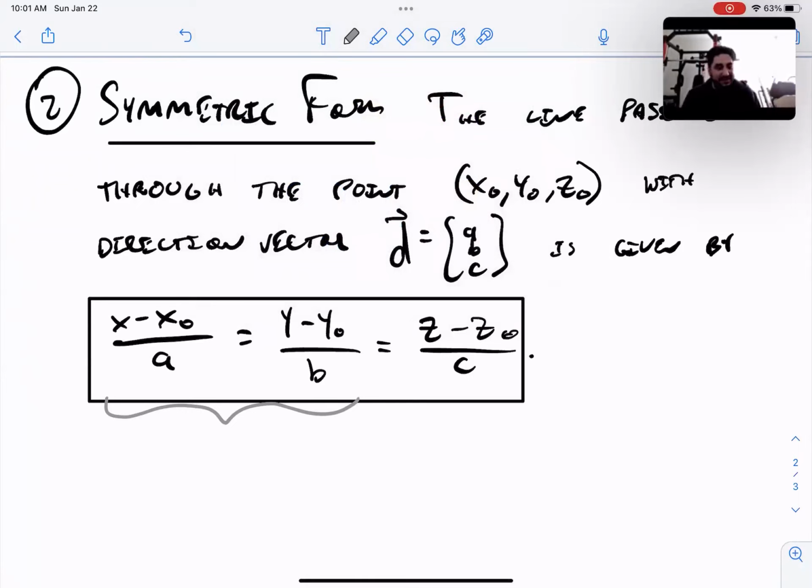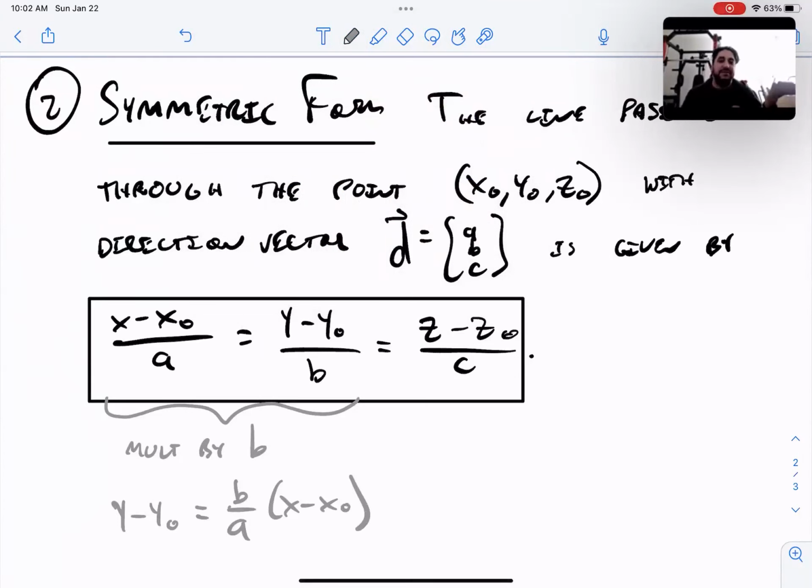If you look at this, ignore the z coordinate for a second. Not forever, we need it for our 3D, but for the sake of our analogy, ignore that z coordinate for a second. Look at this equation and just multiply both sides by b. If you multiply by b, what happens? You get y minus y naught equals b over a times x minus x naught.